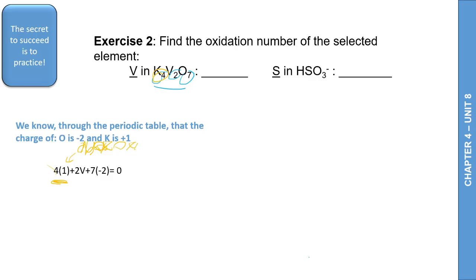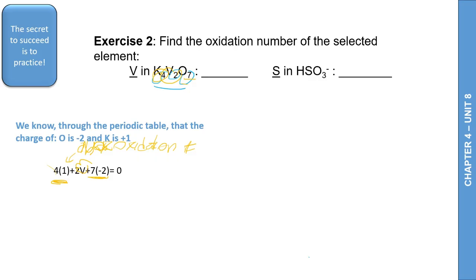The oxidation number you see there, +1, is the oxidation number for all the metals in group 1. You know how to identify that, right? Group 1 is +1, group 2 is +2. Oxygen is -2. Remember, normally oxygen is -2 unless it's a peroxide, when the oxygen is -1.